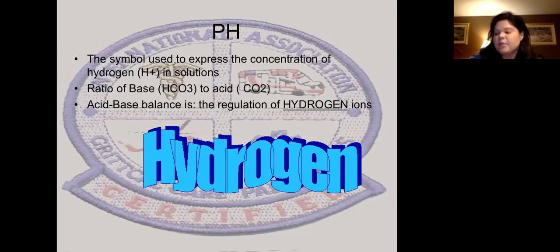We're going to look at a very simple way, the way that I learned how to interpret ABGs, and it breaks it down really easy, but this is just important for you to know as far as the background of it and what it's doing in the body. So your acid-base balance is the regulation of hydrogen ions.